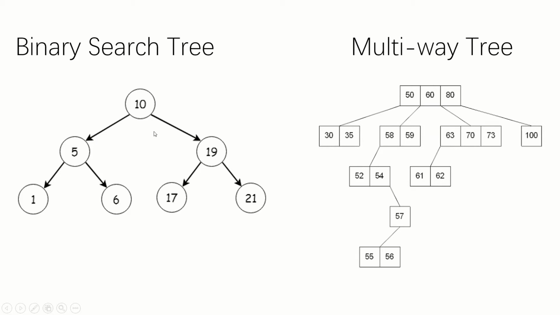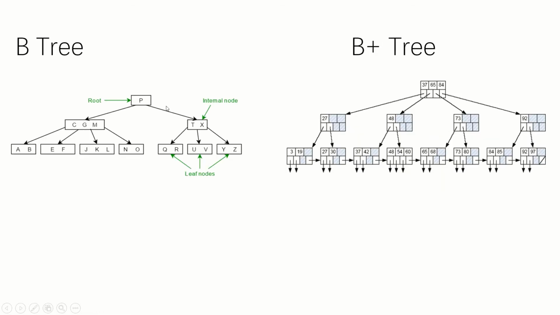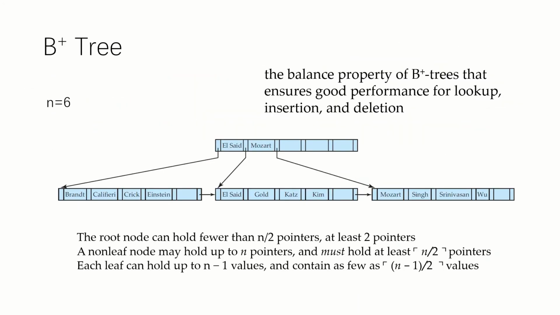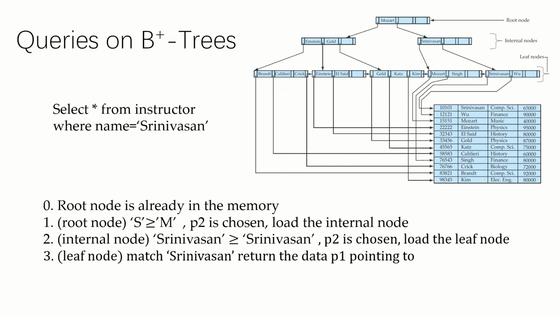So I changed it to a BST, which is better. I also realized that the B tree was wrong, as it was showing a B plus tree. So I changed this to a B tree now. Okay, this is still fine. I think everything up to now is still fine.